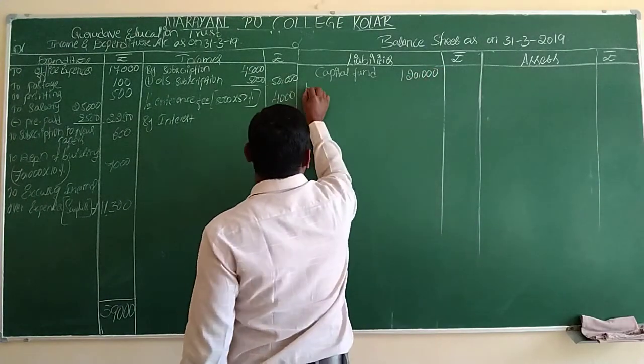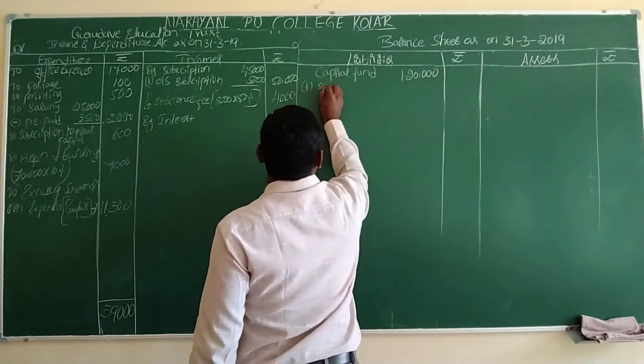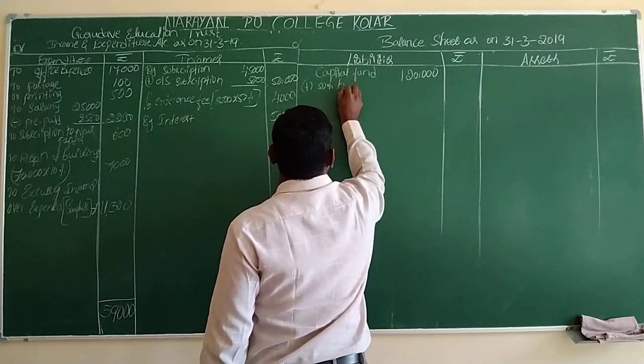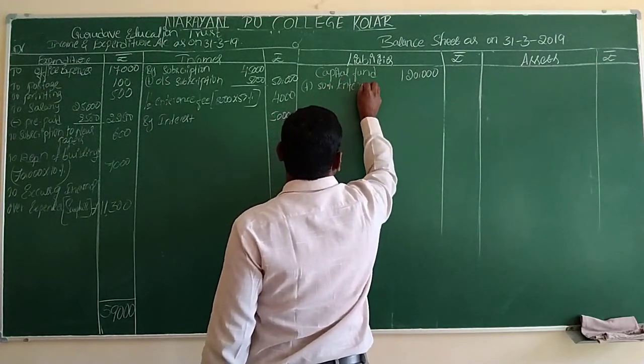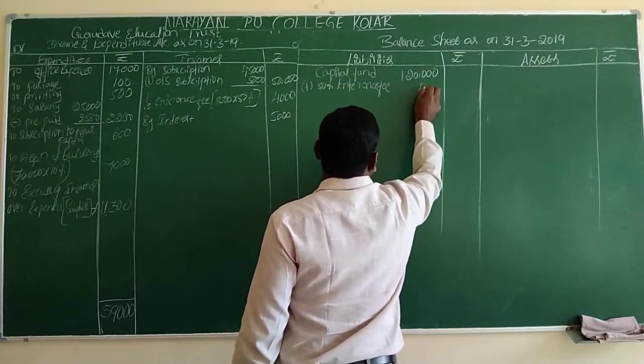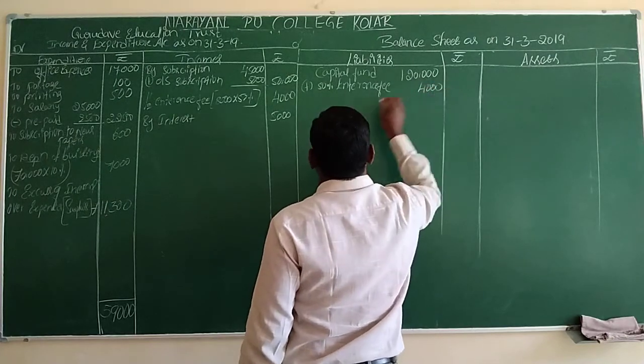For this add 50% entrance fees, that is 4,000.